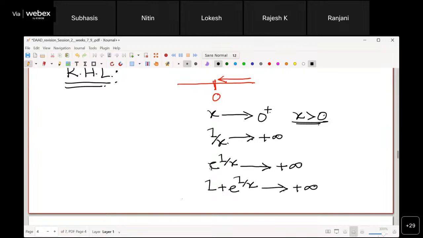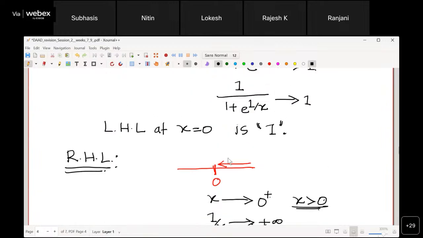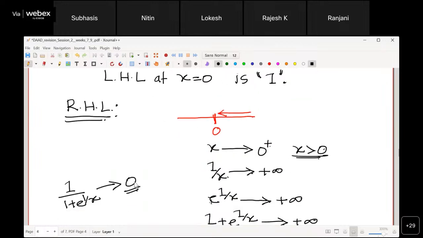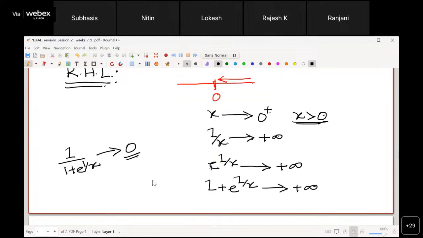If this thing is going towards plus infinity, then the reciprocal, 1 by 1 plus e power 1 by x, will go towards 0. So that is what we wanted to find. This 1 is our left hand limit and 0 is our right hand limit. As you can see, the left hand limit is not equal to the right hand limit, right?